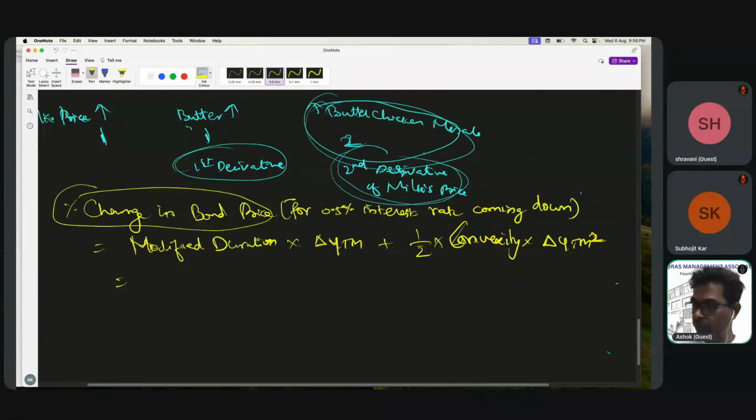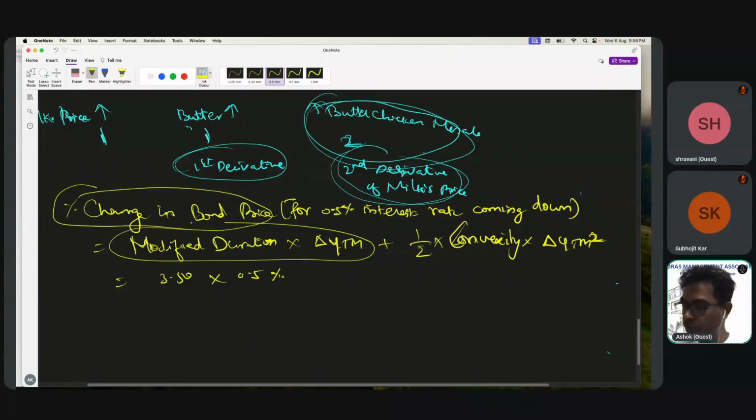Modified duration is 3.50 into 0.5 percentage. This is one group.